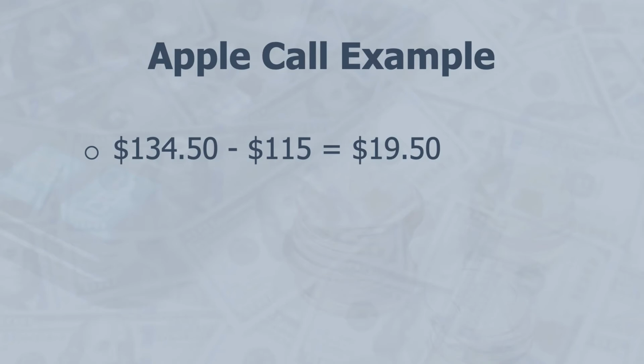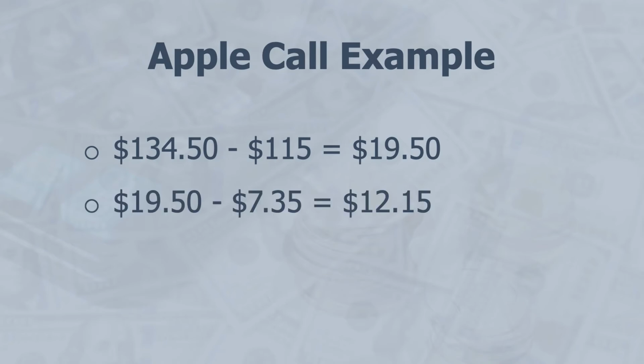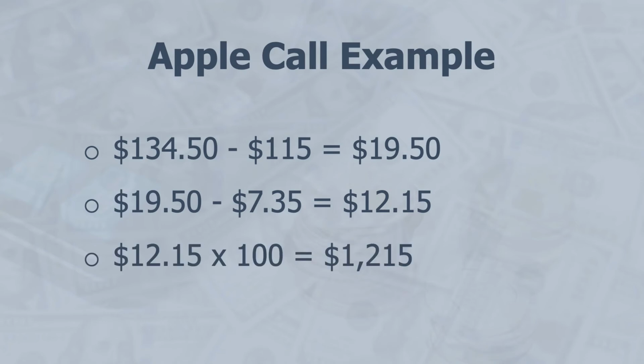Then we also need to remove the premium we paid. We take the 19.50, remove the 7.35, and that gives us a profit of $12.15 per share. The multiplier on this is 100 because one options contract represents 100 shares of stock. So we take the 12.15 times 100 and we've made a total profit of $1,215.